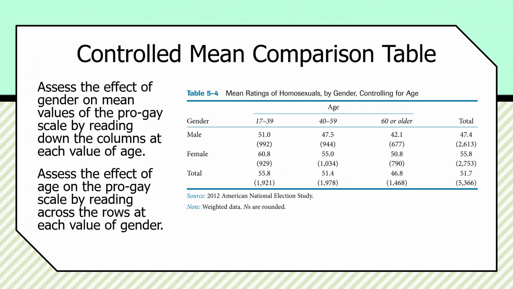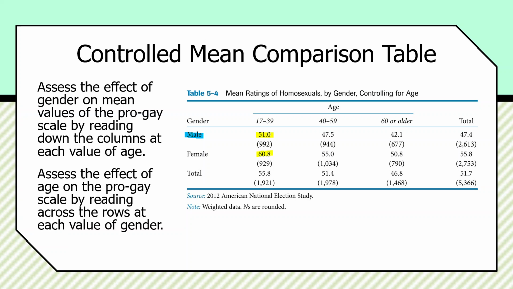So for example, we would compare this mean, the male mean for 17 to 39-year-olds, the youngest cohort. On average, these 992 males rated gays at 51 on the 0 to 100 scale. With this mean, 60.8, the youngest cohort females rated gays at 60.8.